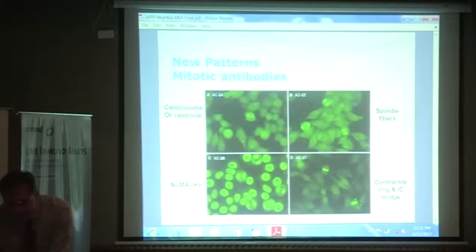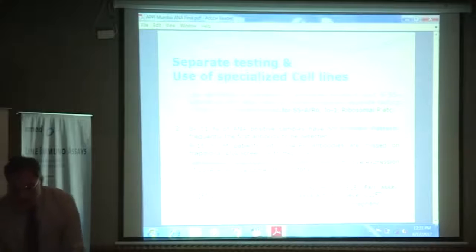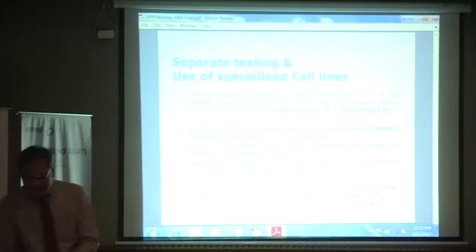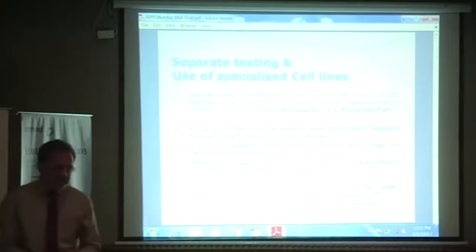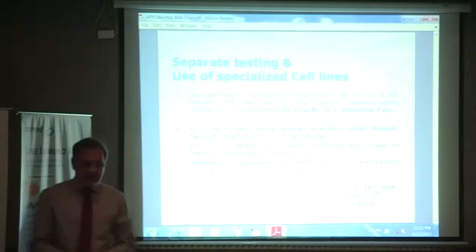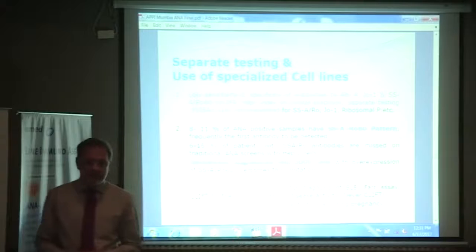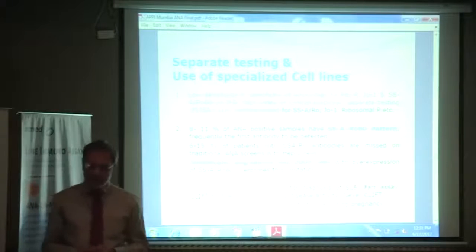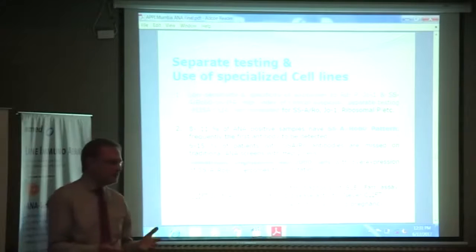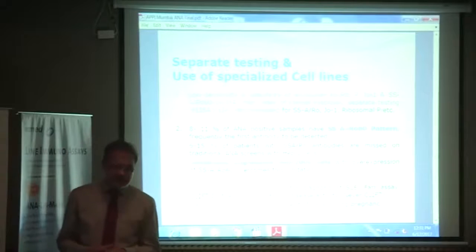Then there are mitotic spindle antibodies. The recent guidelines also describe separate testing. Till some time back, the idea was that if you do ANA testing alone, it would rule out everything if it is negative. Now that is not the case.